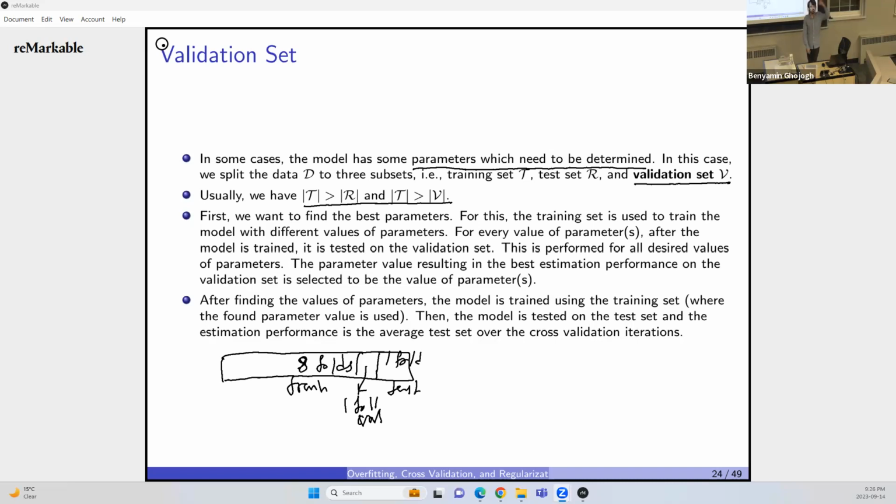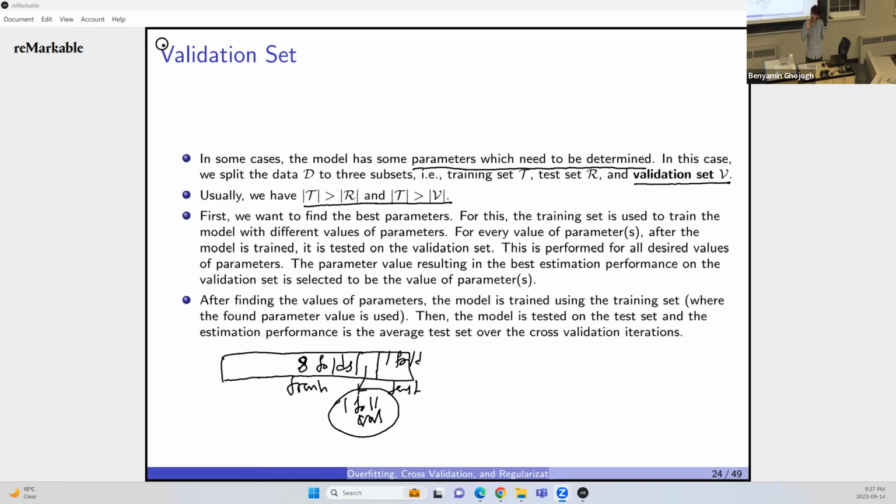Okay. Then I will have a for loop over these hyperparameters, right? Then for each value of the hyperparameter, I do a cross-validation. And I only consider the error of the validation set.